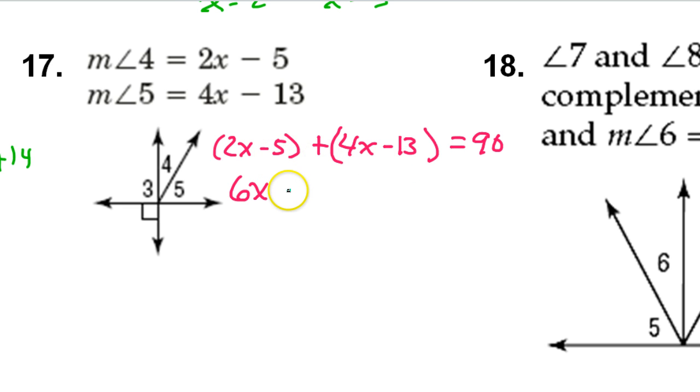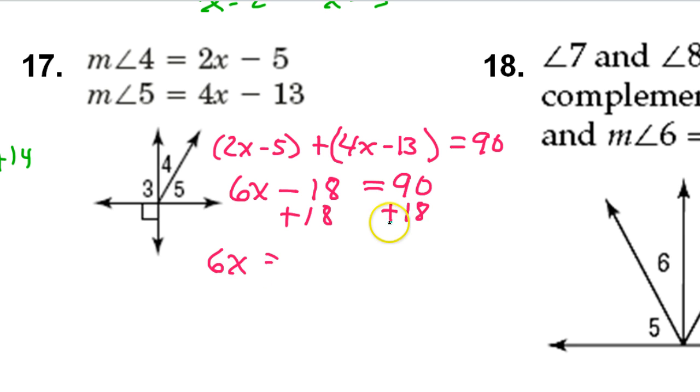Negative 5 and negative 13, well, that's negative 18. And that equals 90. Okay, adding 18 to both sides, so 6x will equal 108. And then we'll just divide by 6 on both sides. So x is equal to 18.